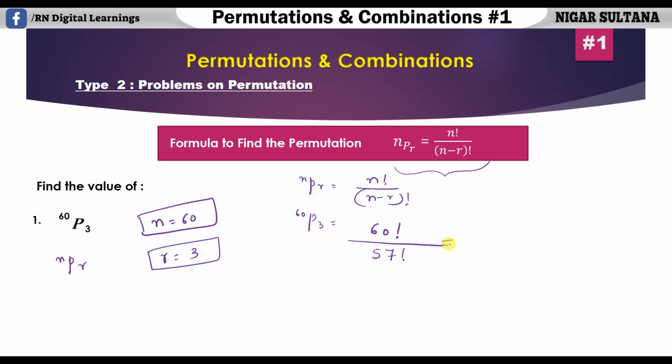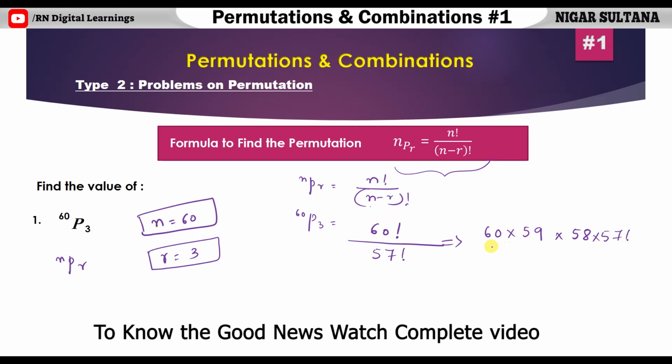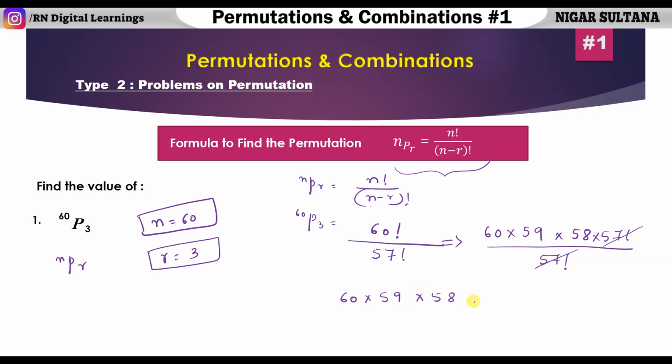Right? Now start expanding this. 60 into 59 into 58 into, so up to 57 you go. Directly we can cancel this. Now when we multiply these values, 60 into 59 into 58 will give us 205,320.